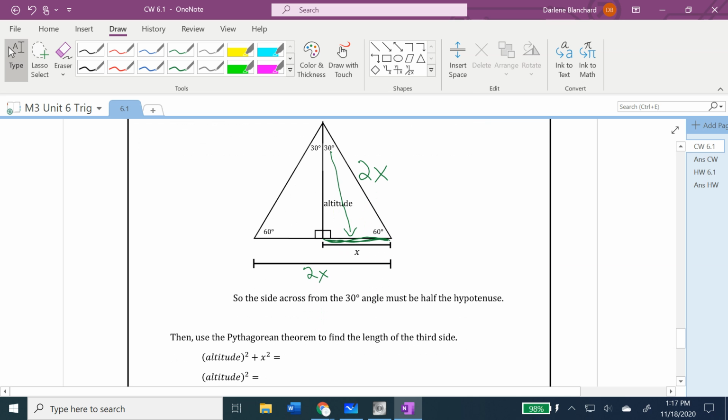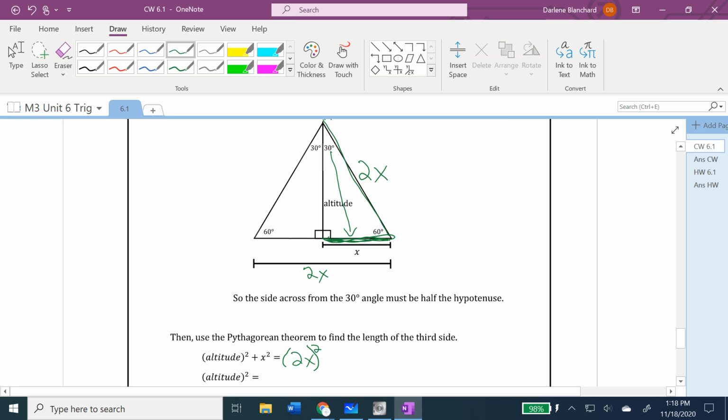Then, in order to determine the altitude of this triangle, which will tell me the side across from 60, I know that leg squared plus leg squared equals hypotenuse squared. So what I have here is the altitude that I need to find, that squared plus this side, x squared, is equal to this length, 2x quantity squared.